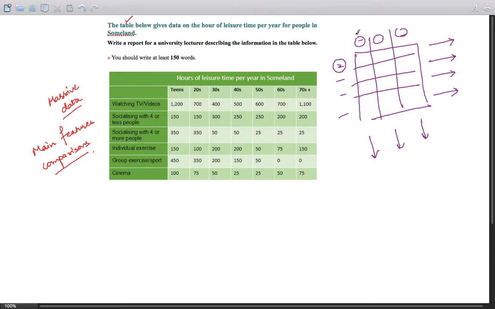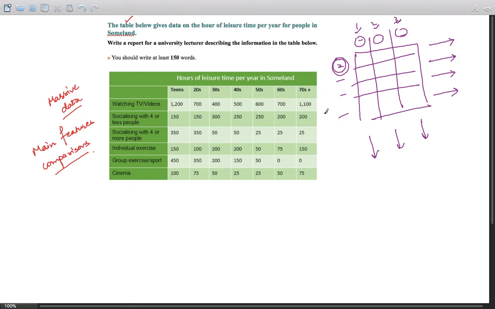So I'm considering these as groups. So there is an intergroup comparison when you move horizontally. So you compare various groups, group 1, 2, 3 on this criteria. And vertical is intragroup, within the same group. And on the basis of horizontal and vertical movement, you should structure your answer.